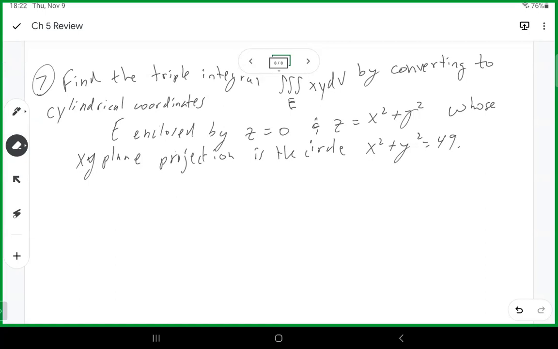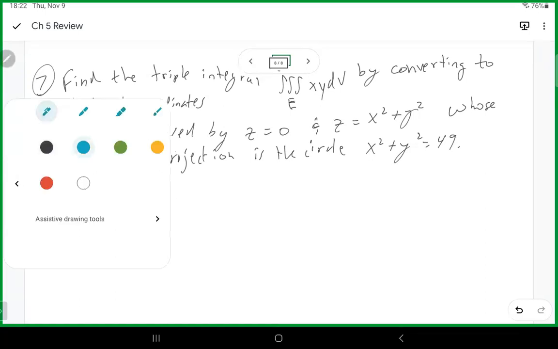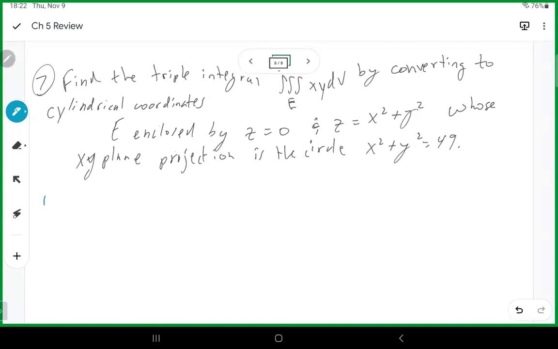So we know that z is going to go from 0 to x squared plus y squared. And we know that r would go from 0 to 7. We also know that theta is going to go from 0 to 2 pi.